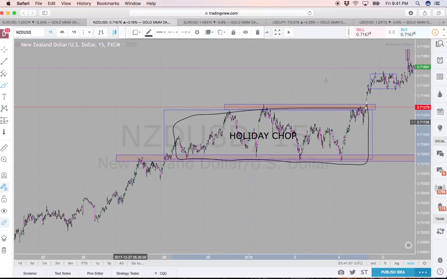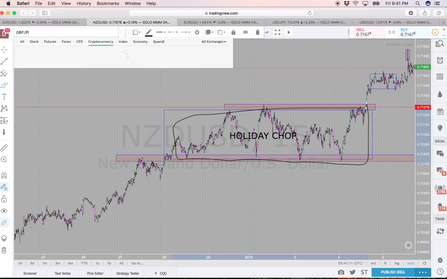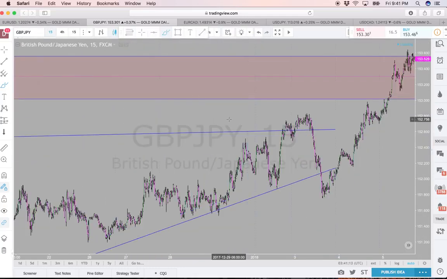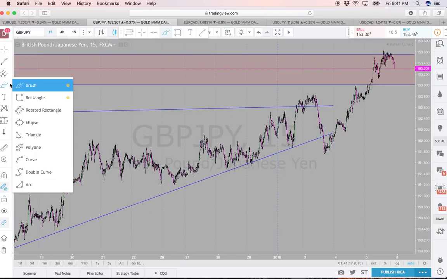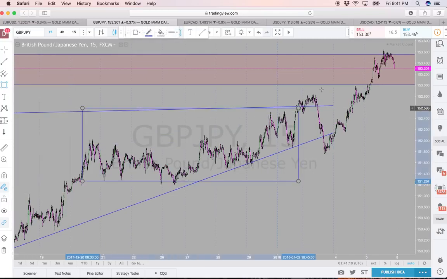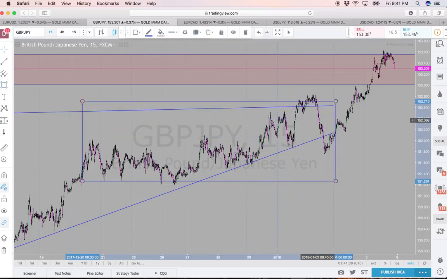We can see on GBP/JPY there was an even longer extended chop period for a few weeks, a very long time. Here was the Christmas chop, and then at New Year's it kind of broke out, but yet stayed in that area, and now finally we can see it's moving out of that area.